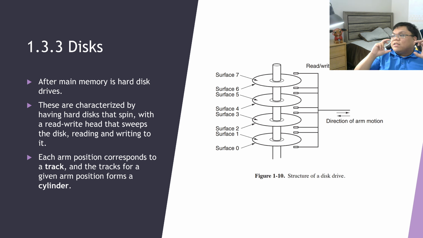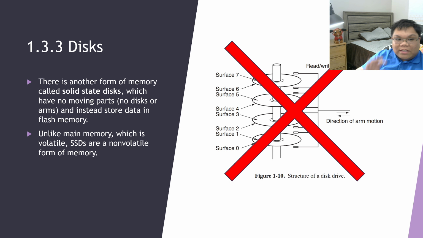If you can imagine, these different platters form concentric nested cylinders. So this is the typical structure of a hard drive. There is one other kind of drive that you may also know about, and it's called the solid state disk, or something that might here be called a solid state drive.